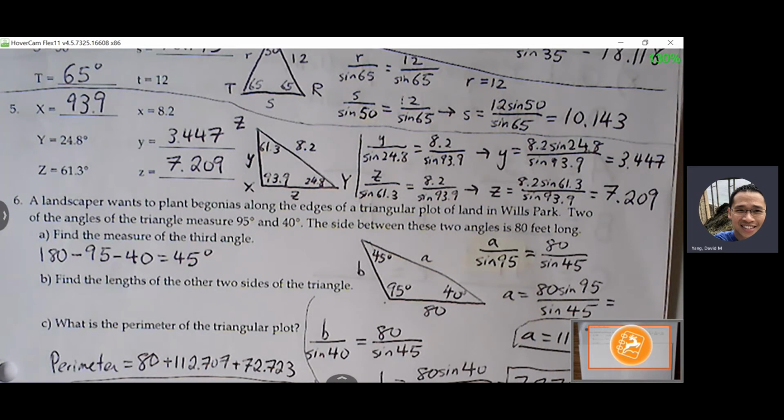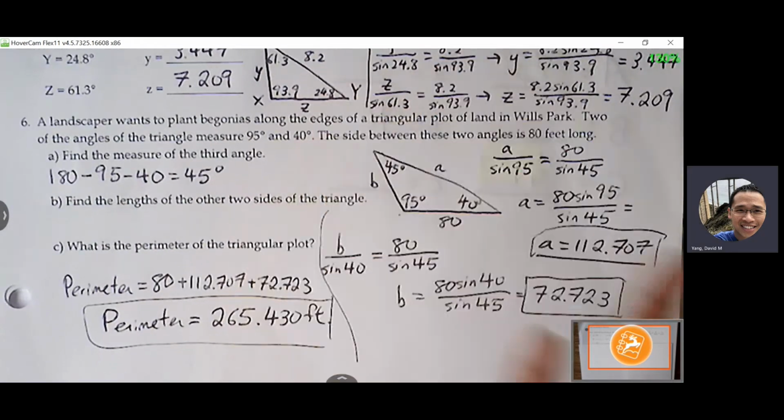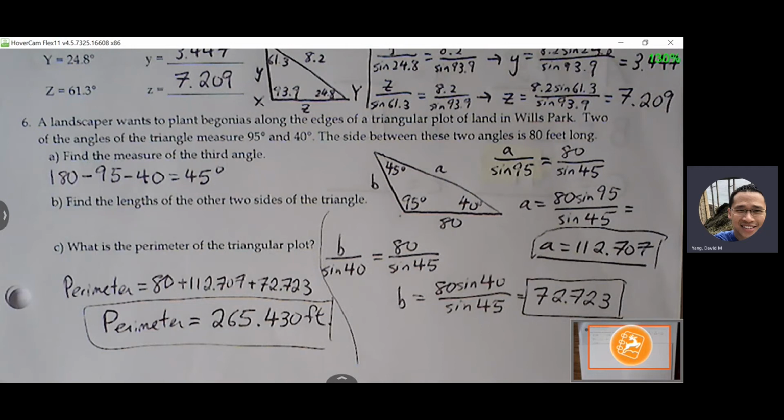So it's just like solving for the 2 missing sides and then adding up the 3 sides at the end. So not very different from 1 through 5, just in a word problem format.